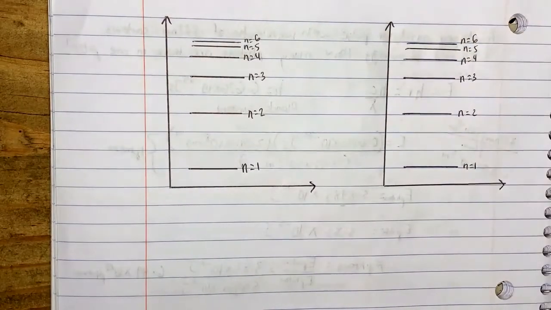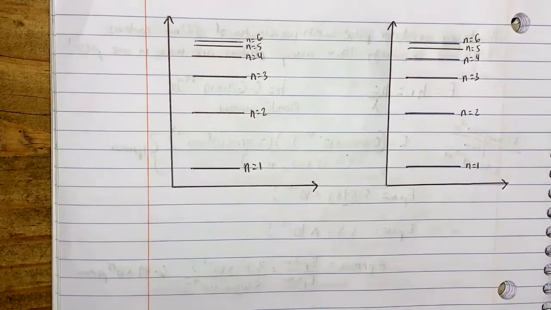So this fact here is true. The higher the energy level is, the closer the gaps are going to be together. And eventually, if you approach infinity, the band will be continuous. The lines are going to be a continuous band. Okay, so here's the idea here.